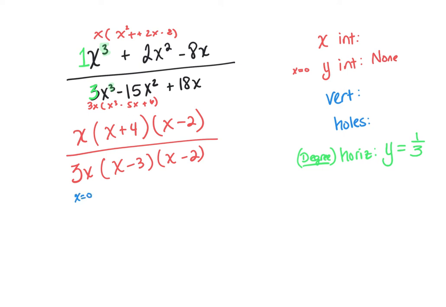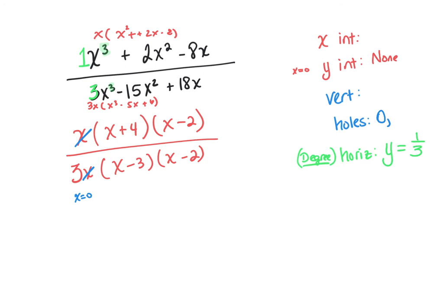Does the 3x, does that 0 cancel with anything? Yes, this guy cancels. So what is 0? A hole or an asymptote? It's going to be a hole. We're going to have a hole at x equals 0.